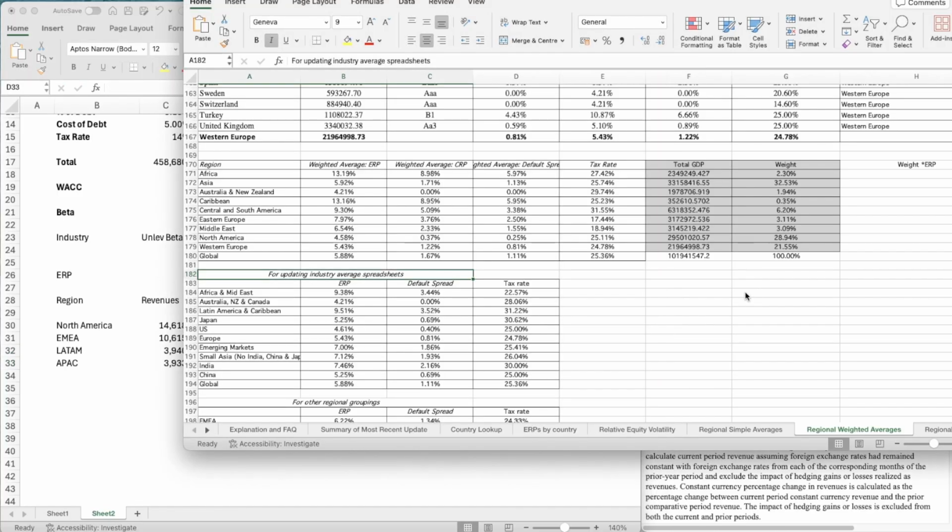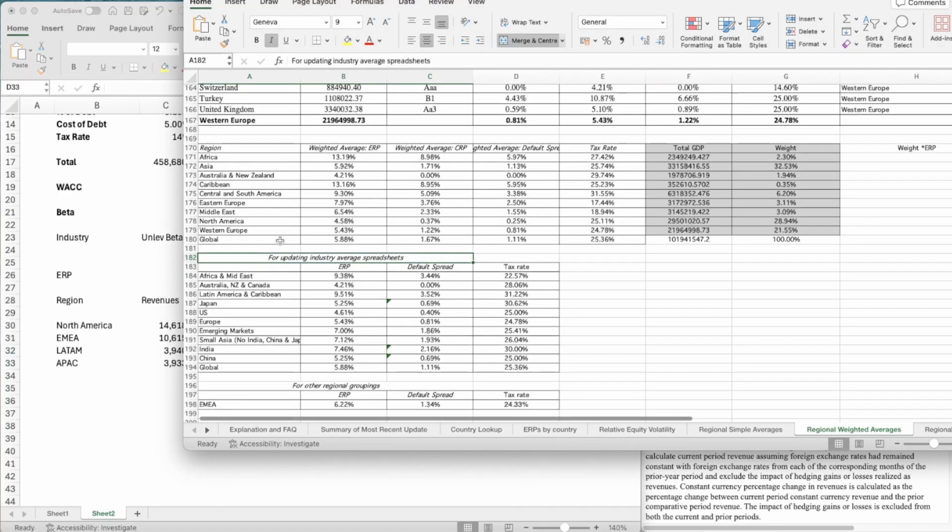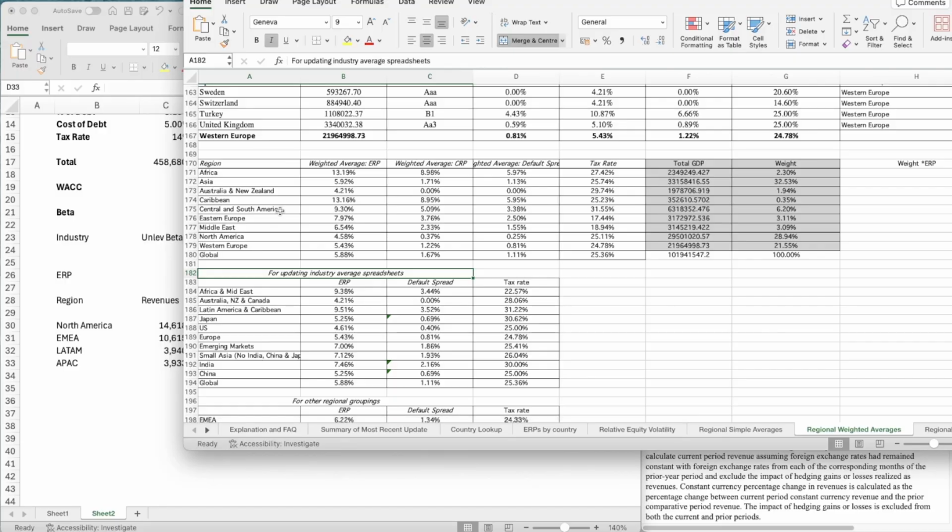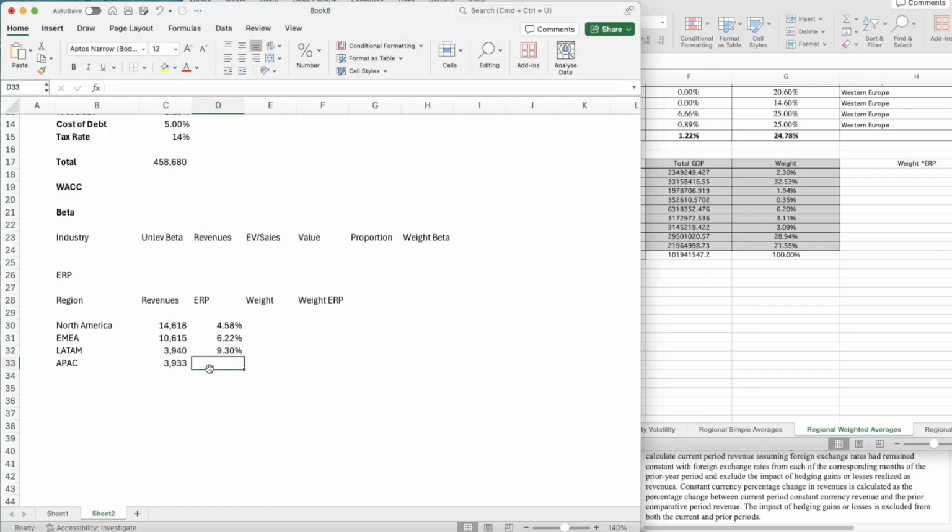And for APAC, we will say, no, we'll just do 5.92. We'll do that for Asia. And so the weight, we need to know what the sum of these are. So the weight, you just go the revenues divided by the total.